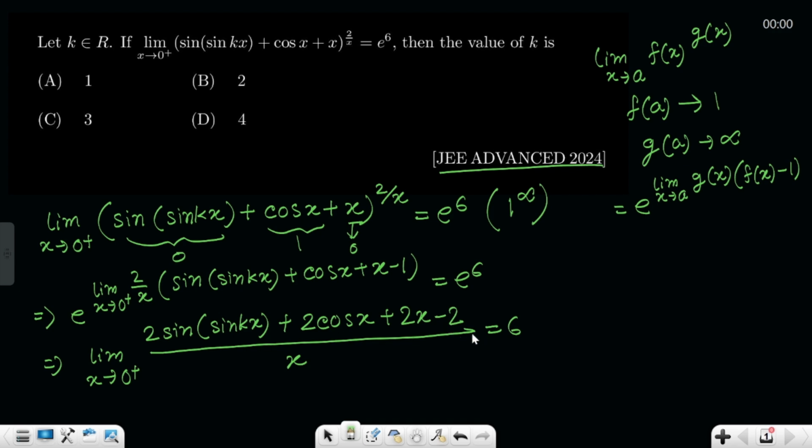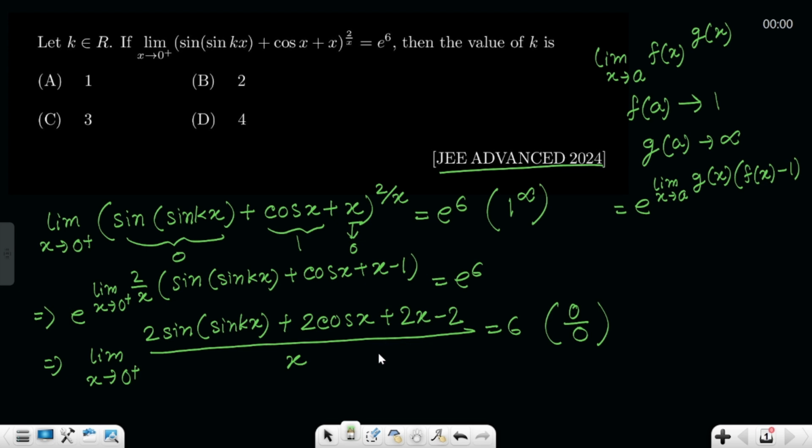So 2 and minus 2 will cancel out. So in the numerator it will be equal to 0, and in the denominator, if we put x equal to 0, it will also be 0. So this is making the 0 by 0 indeterminate form. For this, we can apply L'Hopital rule.